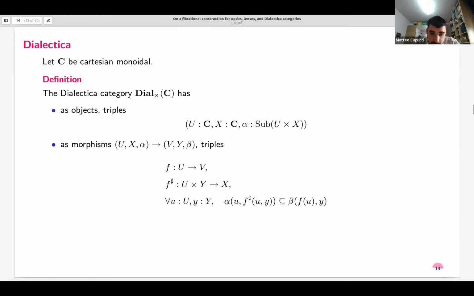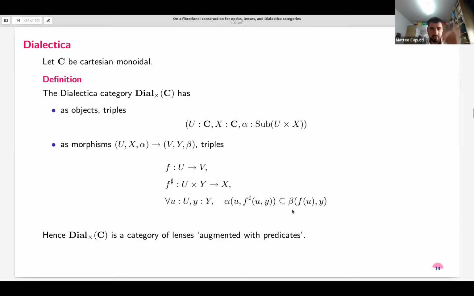We are asking for this condition relating the predicates on the boundaries, these alphas and betas, with the F and F sharp, okay? And so we see that in some sense, dialectica is a category of lenses plus this extra level.